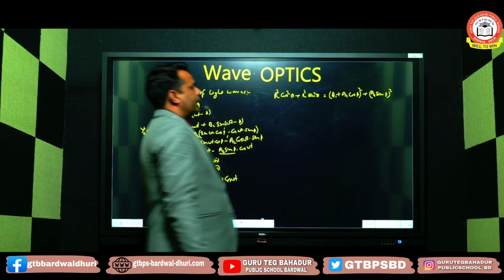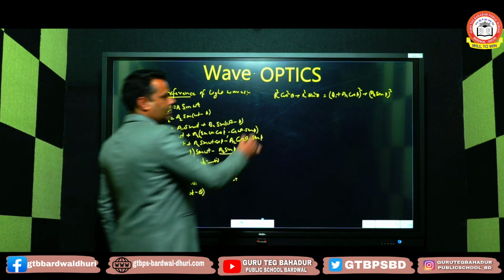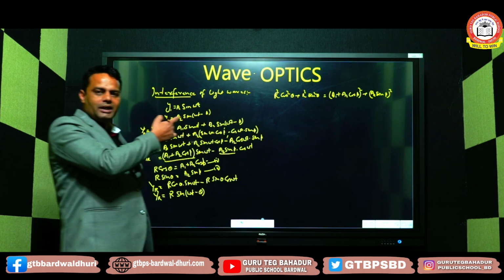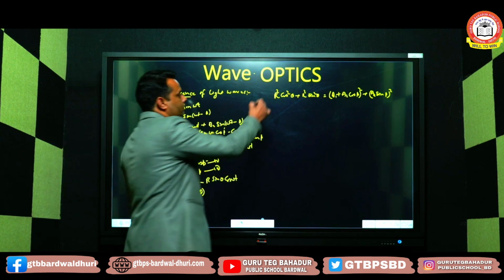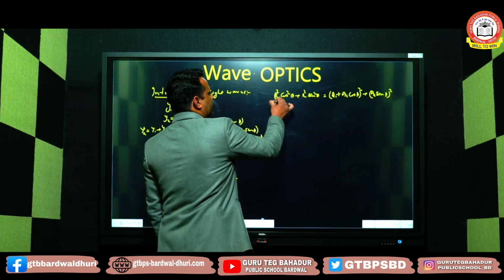So on squaring and adding, from the left hand side you will get r square only, because r square can be taken out as a common factor, and the rest, cos square theta plus sin square theta, you will get as 1. It will be equal to r square.